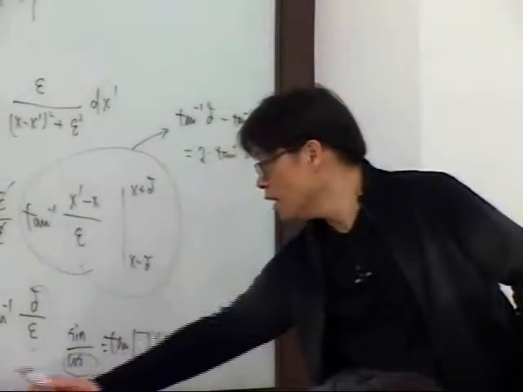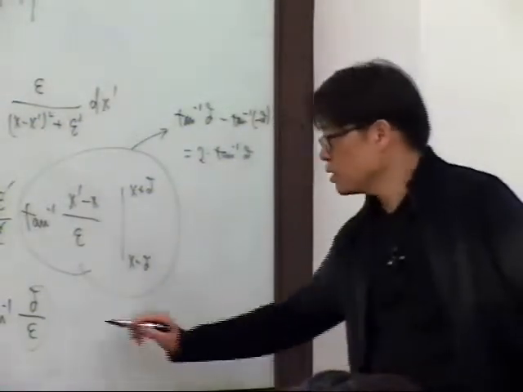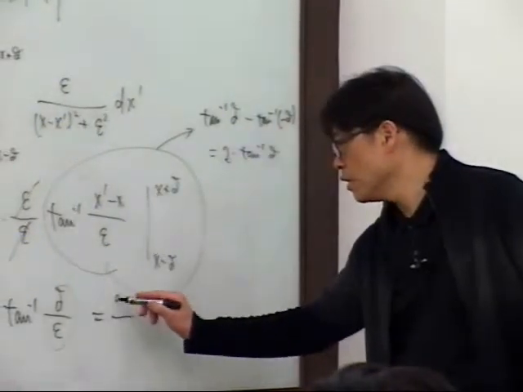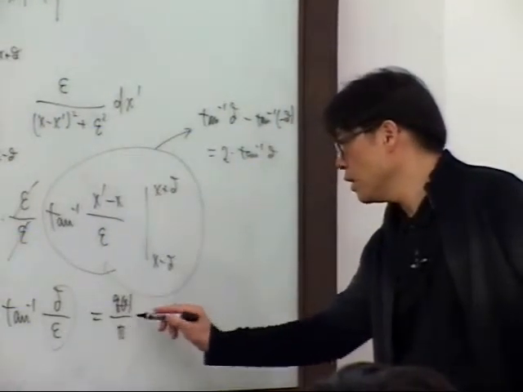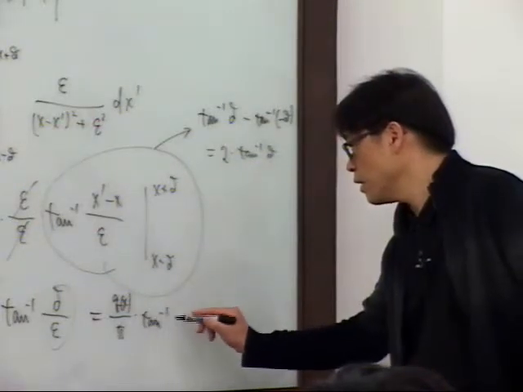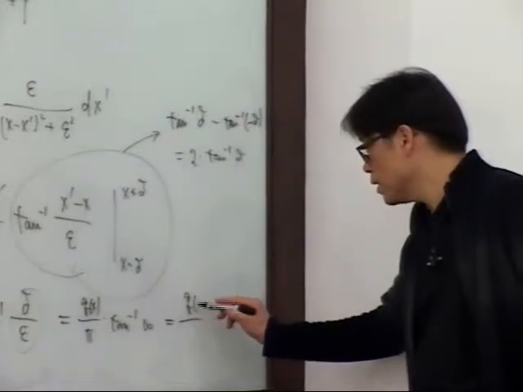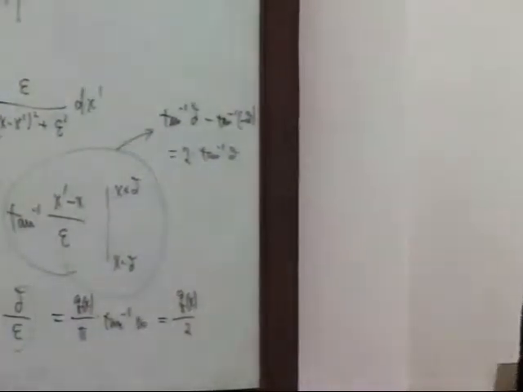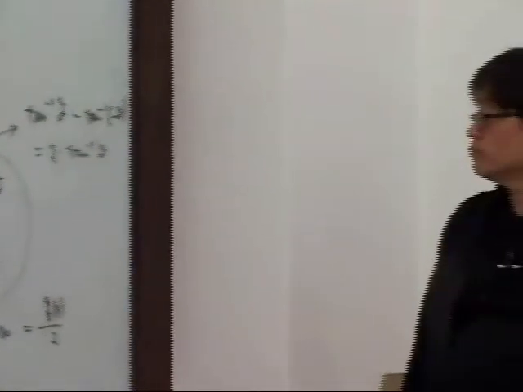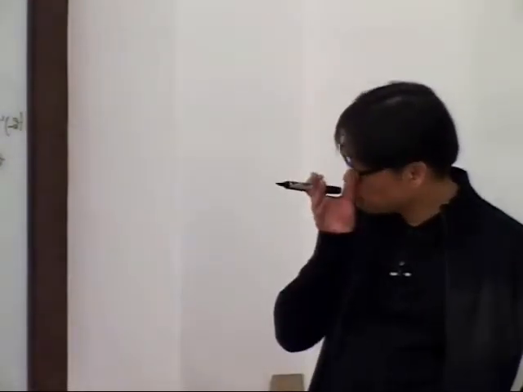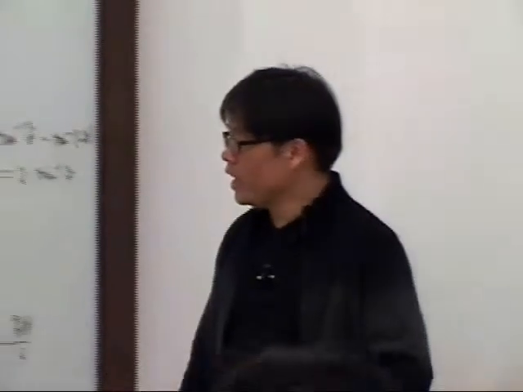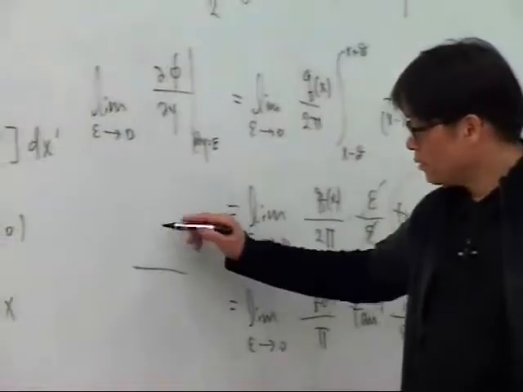Okay? So this tells you infinity, and that will give me q of x divided by 2. But this is true only when you go from top to bottom.